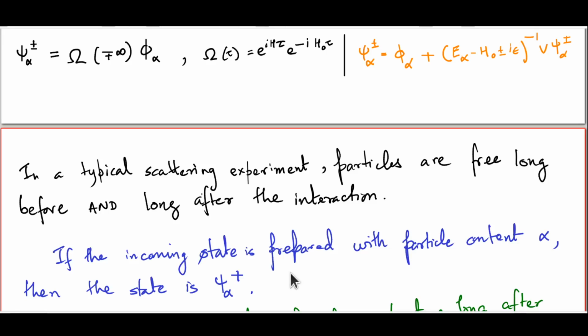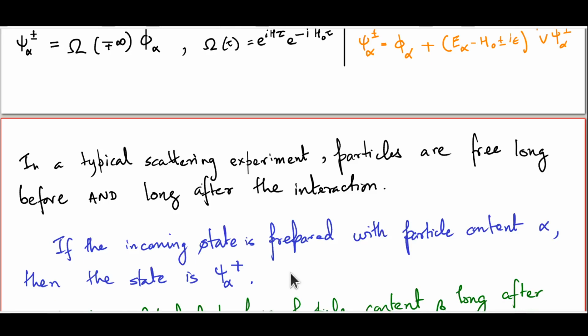On the other hand, when we detect particles, we do that long time after the scattering event takes place. And again, now the particles are free from each other. And you might very well detect them with a different particle content, let's say beta. And you would expect the particle content to change. Not just the identity of particles, that's a possibility, but even with the same particles, you could have changes in momentum or spin component and so on.